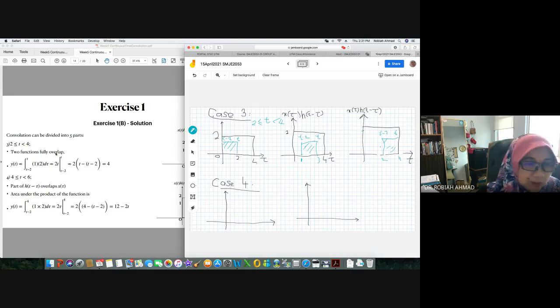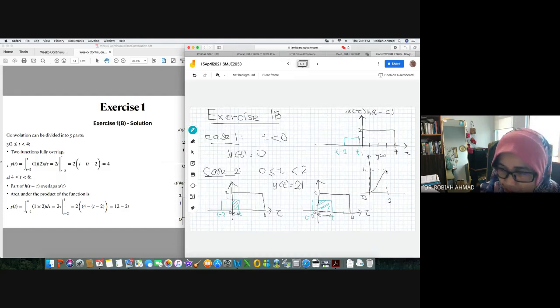Okay, and then the values are 1 and 2 dτ. So 2 τ, now we have the value 4. So the total overlapping area is always the same, this blue one, which is 4. So going back to earlier, it is 4 between 2 to 4.